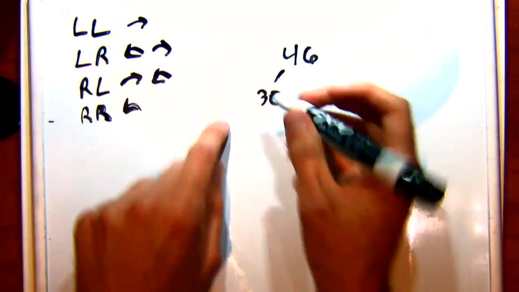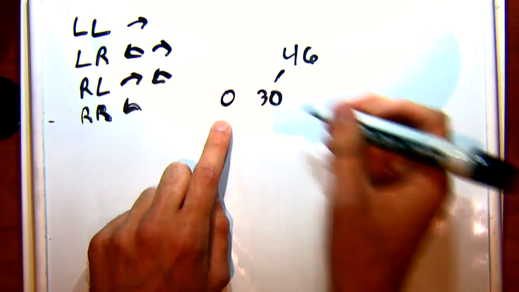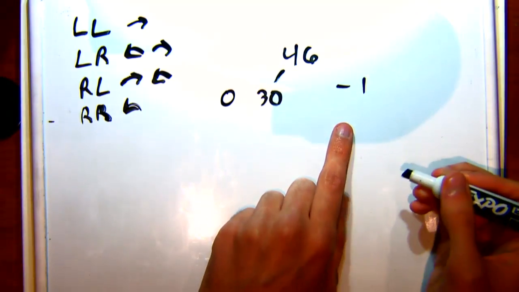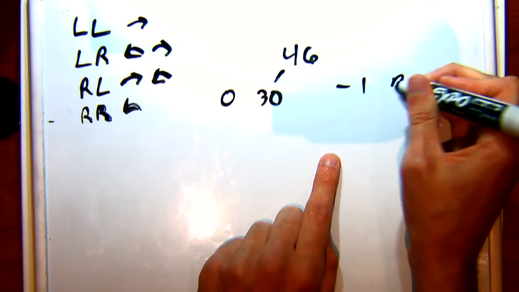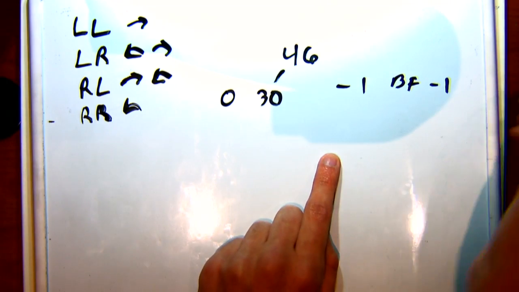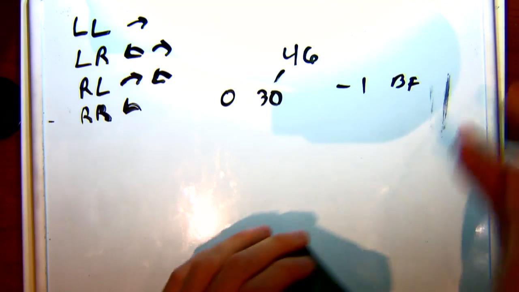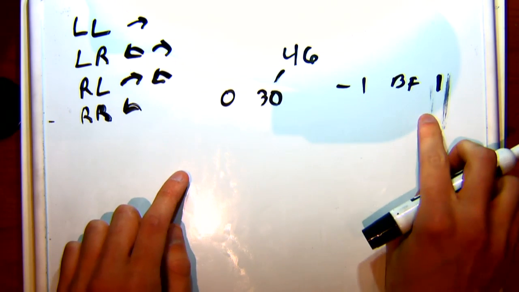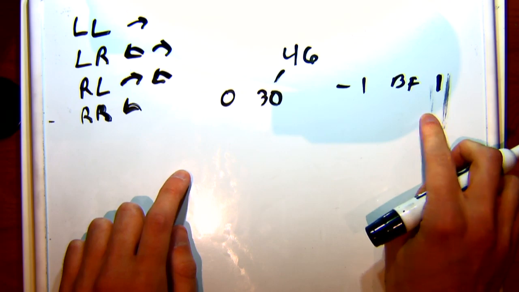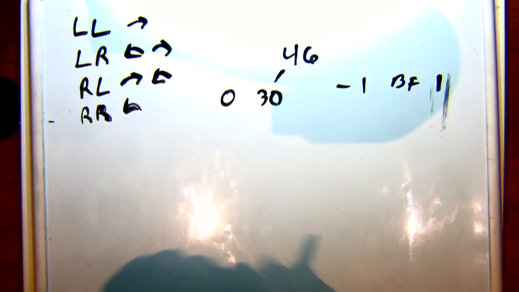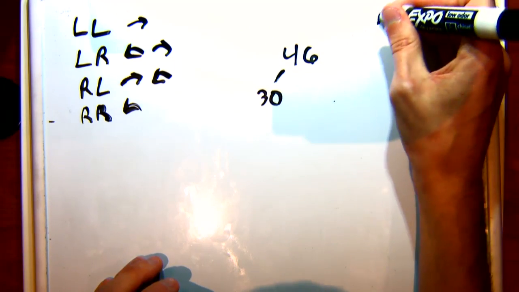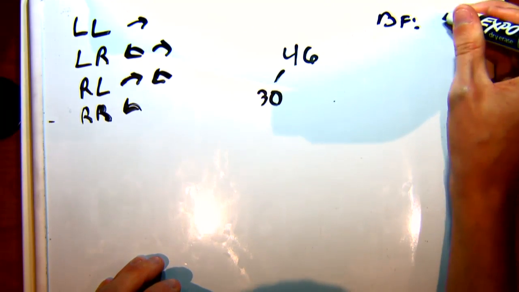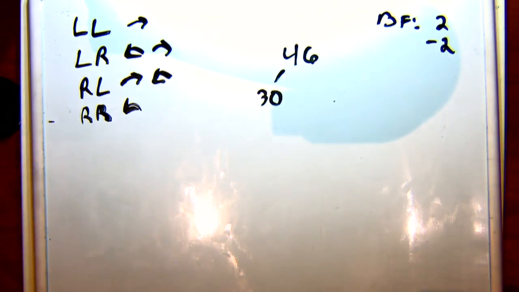The balance factor here would be 0 versus -1, which means the balance factor is just -1, or actually it's +1 if you do left minus right. But a balance factor of 1 is fine. Nothing needs to be done with a balance factor of 1. The problem occurs when we have a balance factor of either 2 or -2.